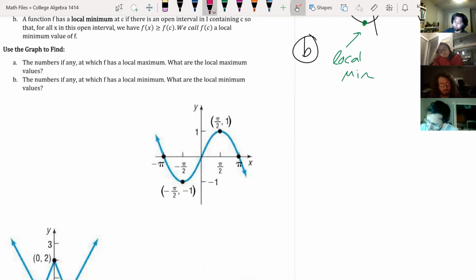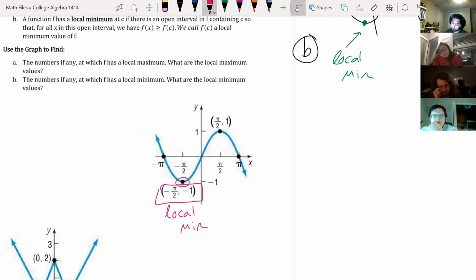So for the first graph, we see that we have a low point where the graph changes direction. And when I say change direction, I mean the graph goes from decrease to increase. So this point at -2, -1 would be considered a local minimum.